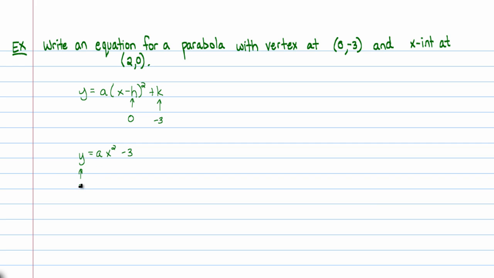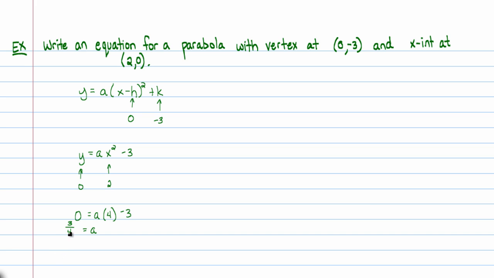Again, I'm substituting in because they've given me values. And I'll let x be 2. So I get 0 is equal to a times 2 squared, which is 4, minus 3. Add 3 to both sides, divide both sides by 4, and you get the following. A is equal to a positive 3/4.